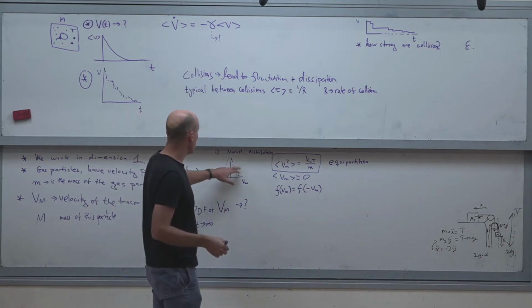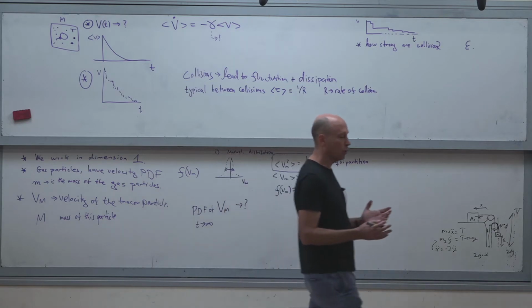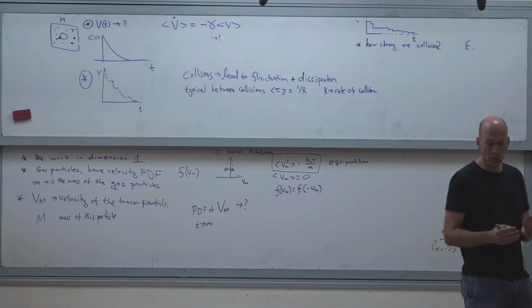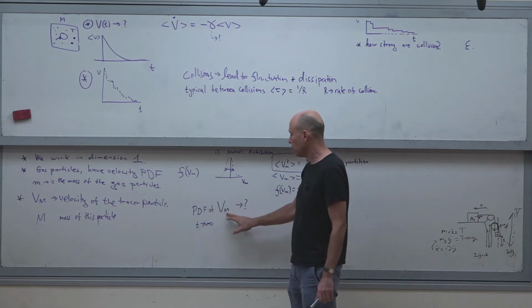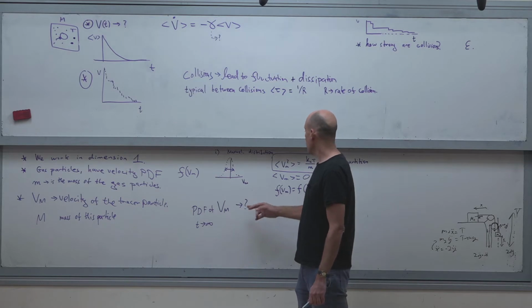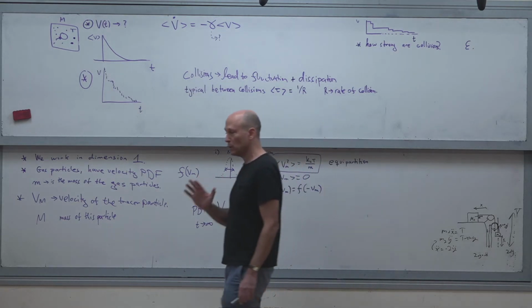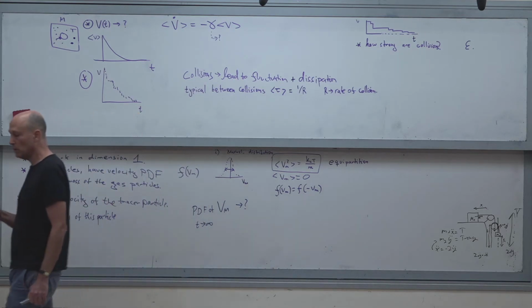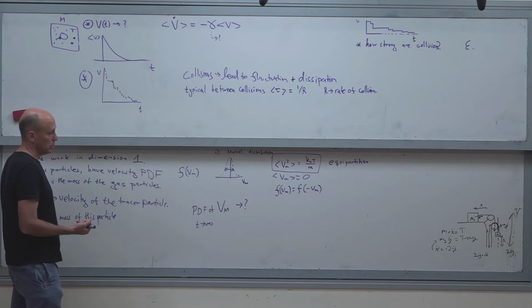If this guy is Maxwell distribution, we hope, otherwise something's wrong with the physics, that we can define a model where the velocity distribution of this capital V_M is also Maxwell distribution. It's not trivial. I want to say that Maxwell distribution, in my opinion, is not trivial. Why is it not trivial? Because it's independent, for example, of the small mass.